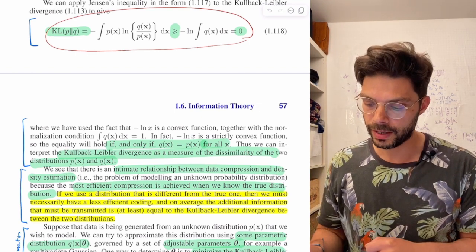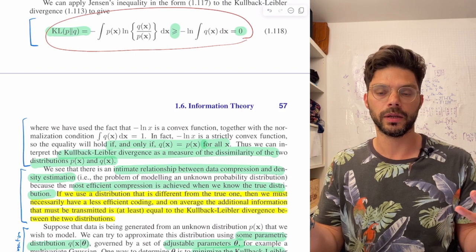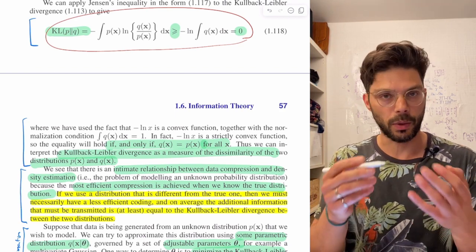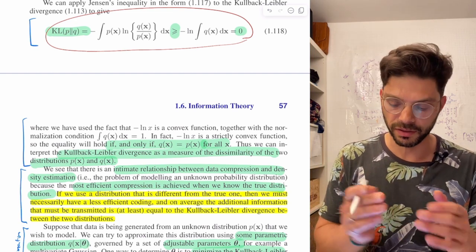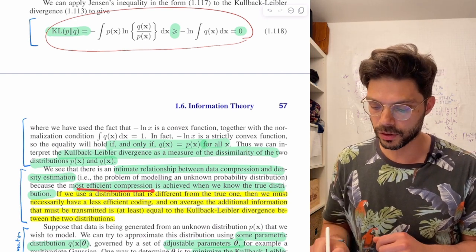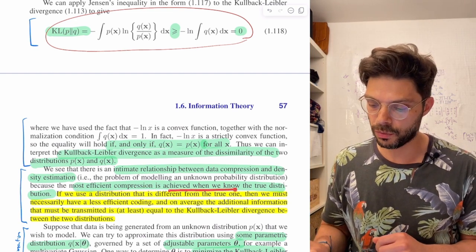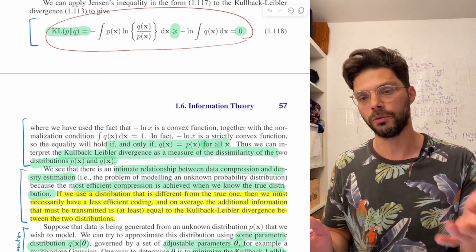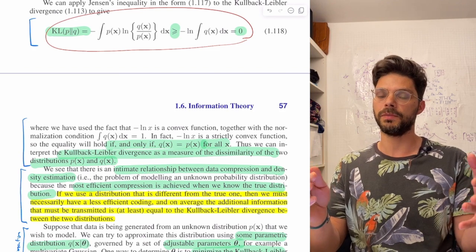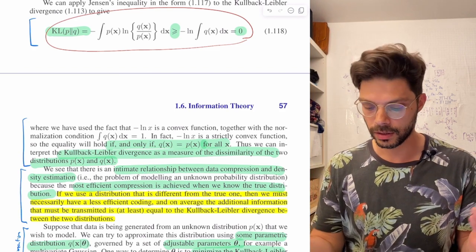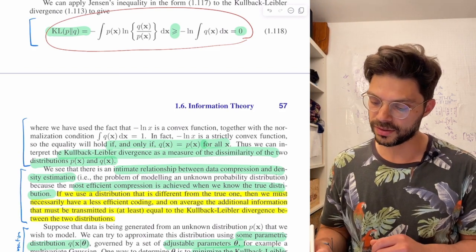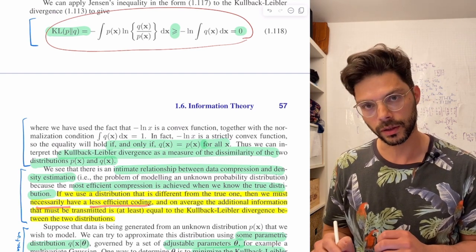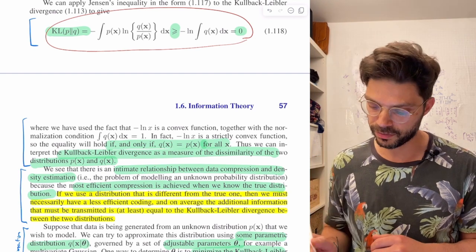Density estimation is just knowing your probability distribution. So what the KL divergence tells us is that the most efficient compression is achieved when we know the true distribution. Whenever Q doesn't equal P, your KL is going to be positive, meaning you'll be sending extra bits. If we use a distribution different from the true one, we must necessarily have less efficient coding, meaning sending more bits than you have to.